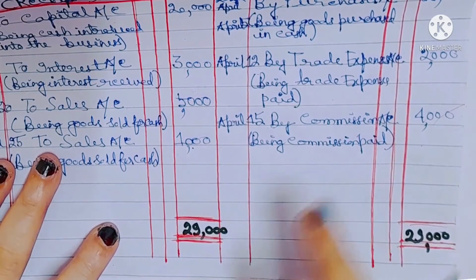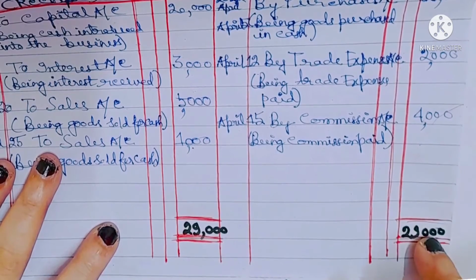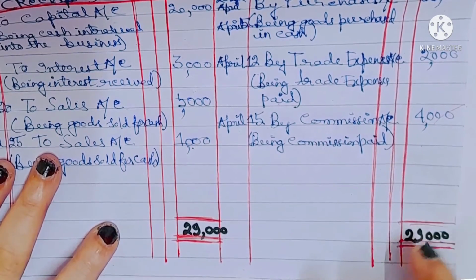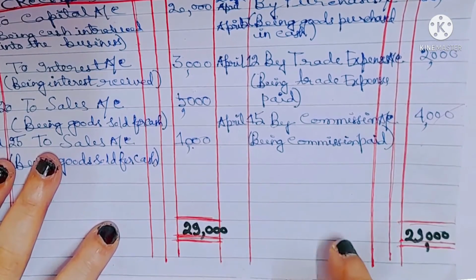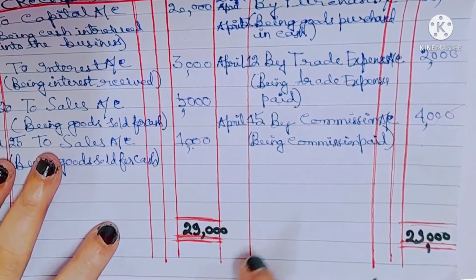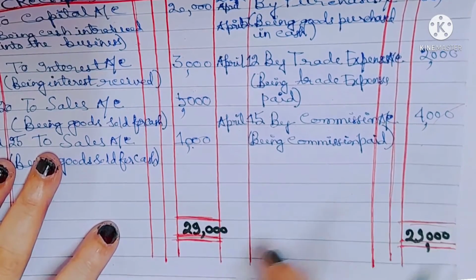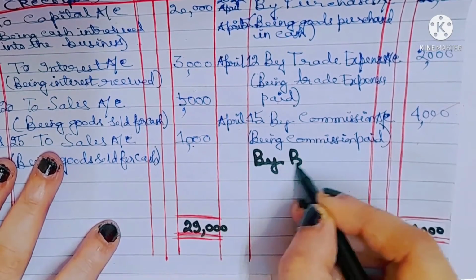What is the shortfall? The total of debit column is 29,000 and the total of credit column is 21,000. So deduct the total of credit column from the total of debit column. What is the total of credit column? 21,000. What is the total of debit column? 29,000. So deduct 21,000 from 29,000. You'll get by balance CD 8,000.